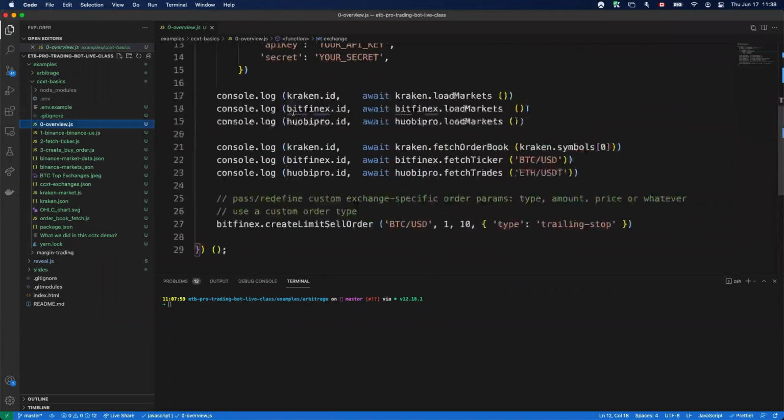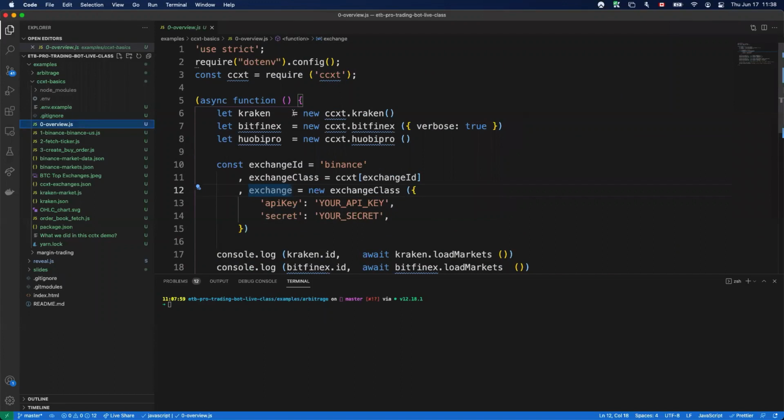By the way, this is a simple Node.js application, which I spun up using the npm init -y command, and that's where a Node.js application is initialized. You need to install CCXT by running the command npm install ccxt, and that's all you need for creating a bot. So let's first get ourselves comfortable with CCXT.